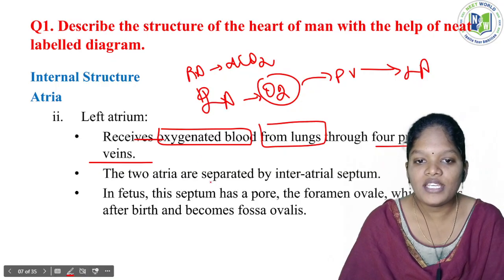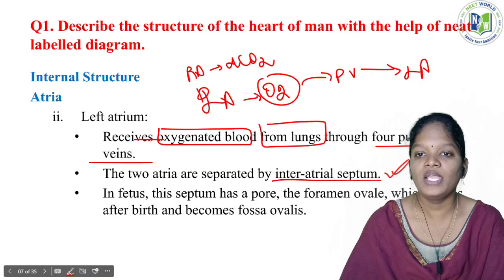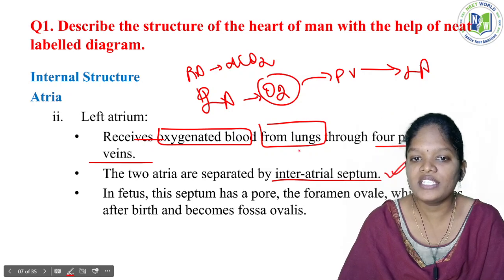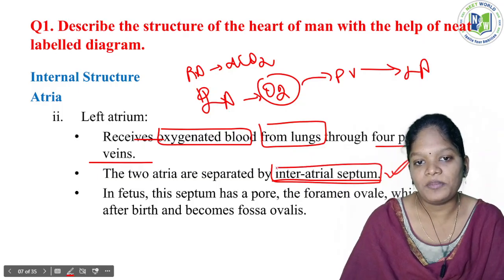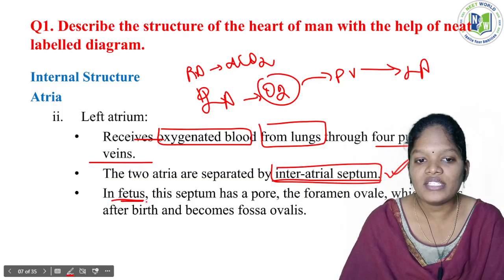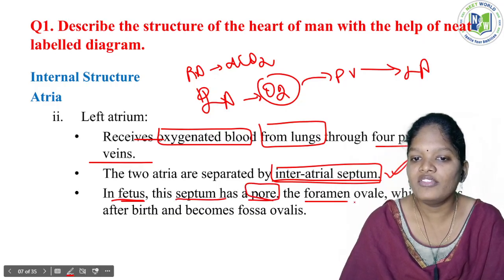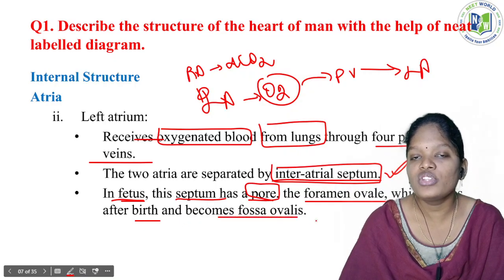Now the two atria are separated by the interatrial septum. Two atria in the sense right atrium and left atrium are separated by the interatrial septum. Now in the fetus, this septum has a pore at the foramen ovale, which closes after birth and becomes the fossa ovalis.